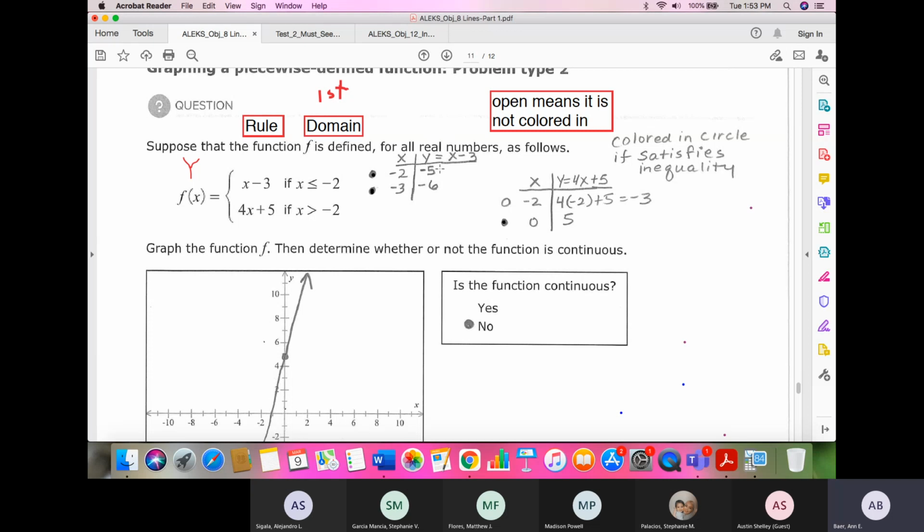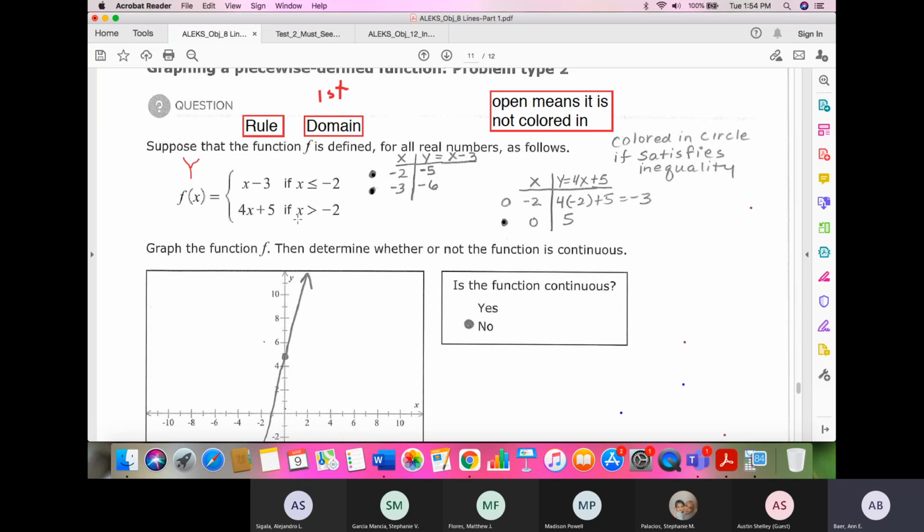So this t-table right here just corresponds to the top rule and condition here for x. So this table corresponds to this top rule and domain here, if you will. Now this t-table corresponds to the bottom rule and domain down here. Now this is a circle. Why is it a circle?